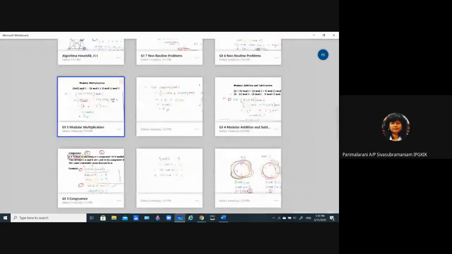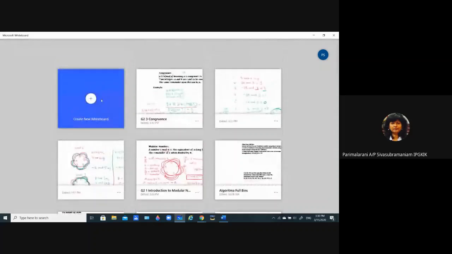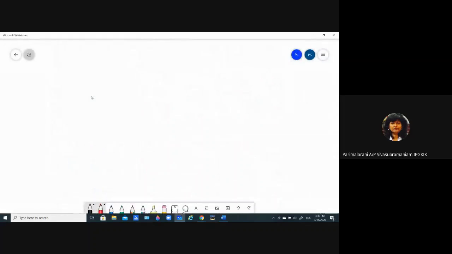Okay, if I give you a number like this, say x is equal to 11 mod 8. X can be any number. Can you suggest one number for me for x? X is 11 mod 8.